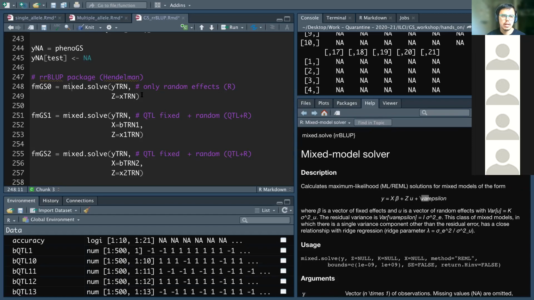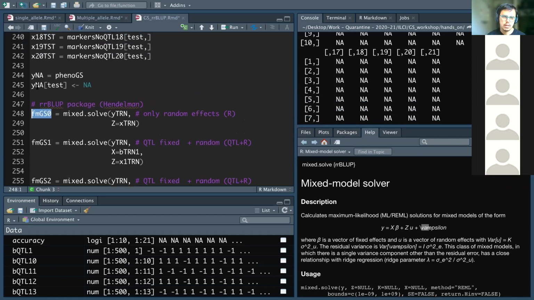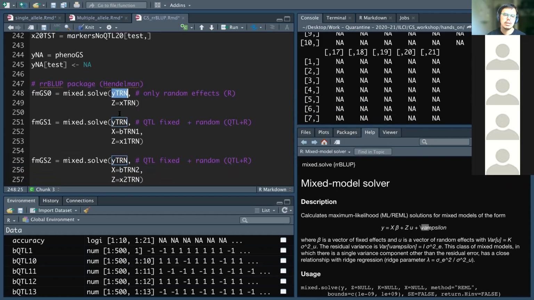In this first command line, we're just going to take into account the phenotype, and we're going to use all the molecular markers as predictors, and all of them are going to be random effects. That is the most common way to run genomic selection models, using every single marker as random effects.